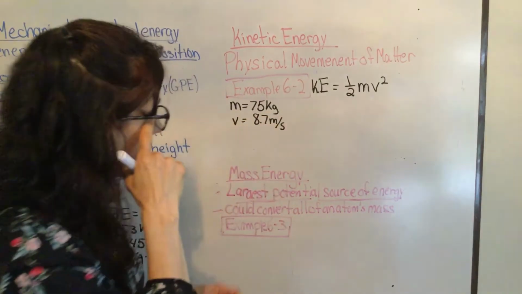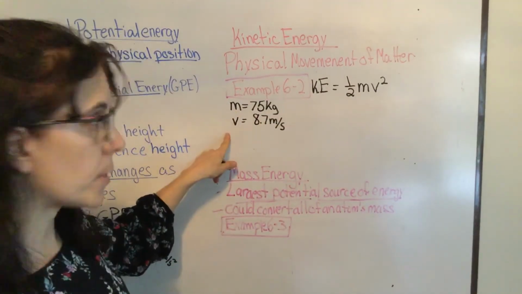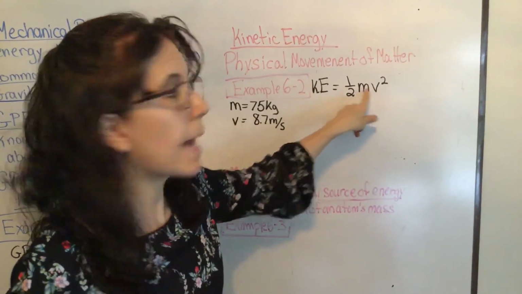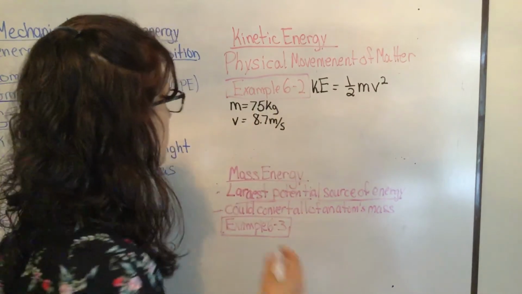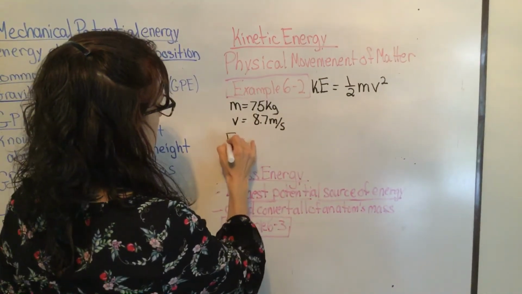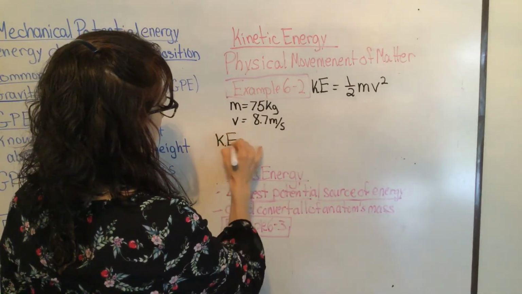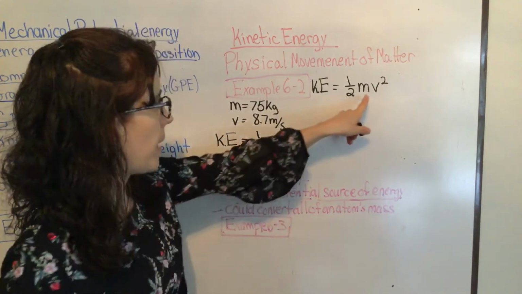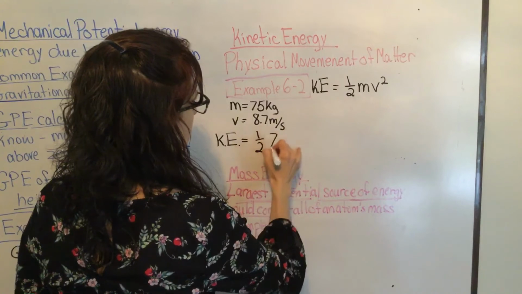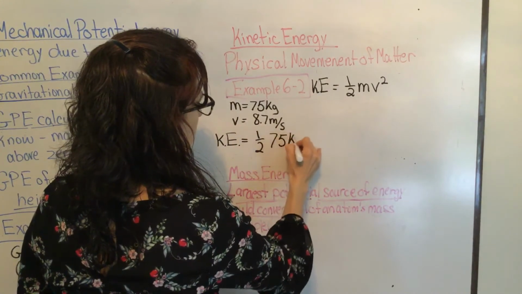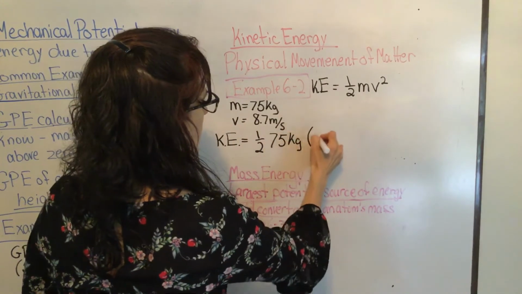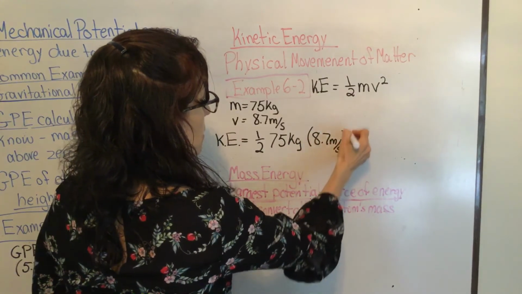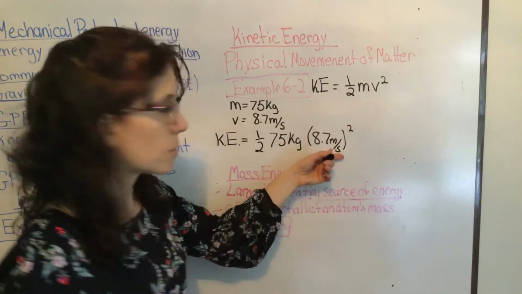All right, so we want to take these numbers and plug them in for the variables. So kinetic energy equals 1/2 the mass, 75 kilograms, times 8.7 velocity meters per second squared.